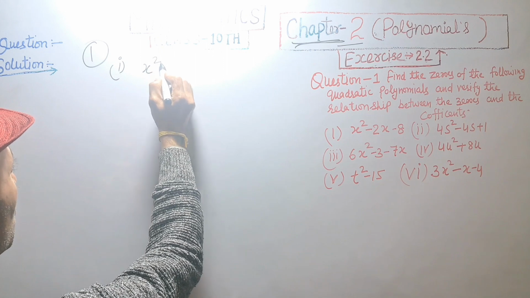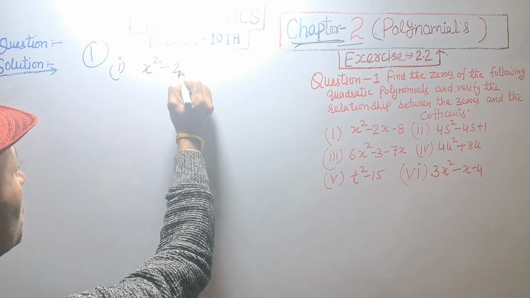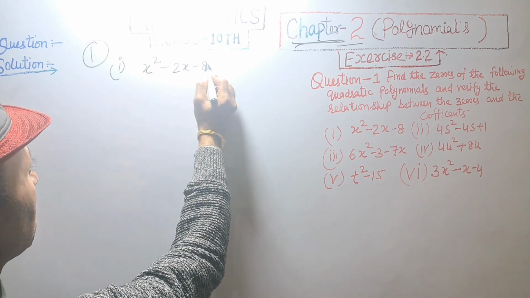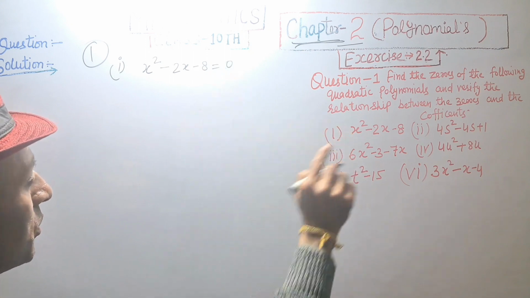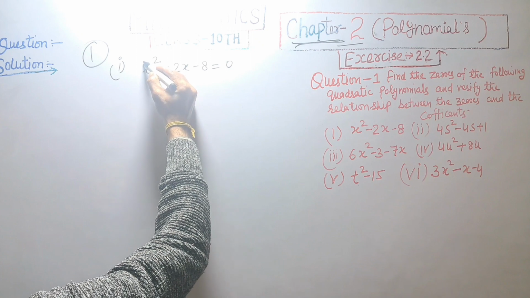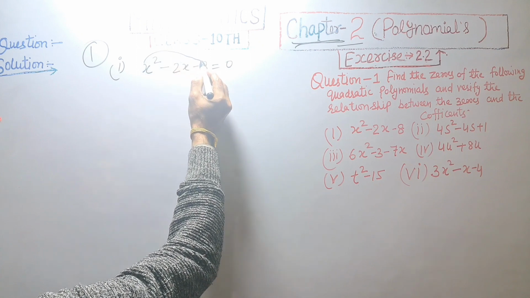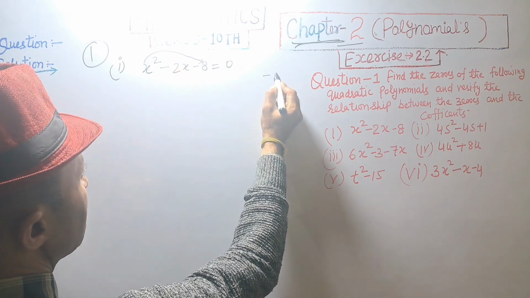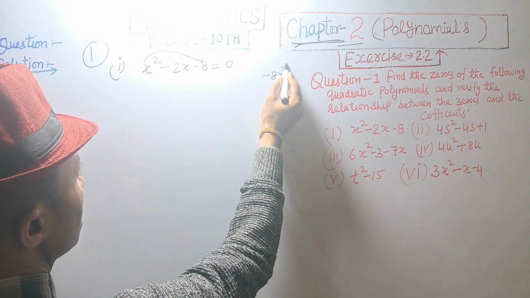x raised to power 2 minus 2x minus 8 is equal to 0. Product of first and last is equal to minus 8x square.